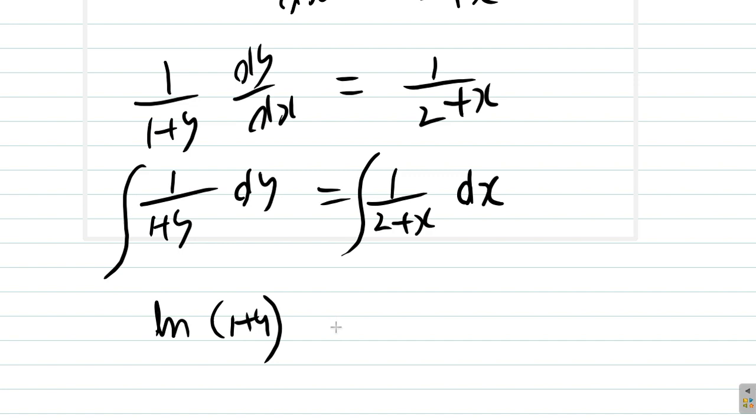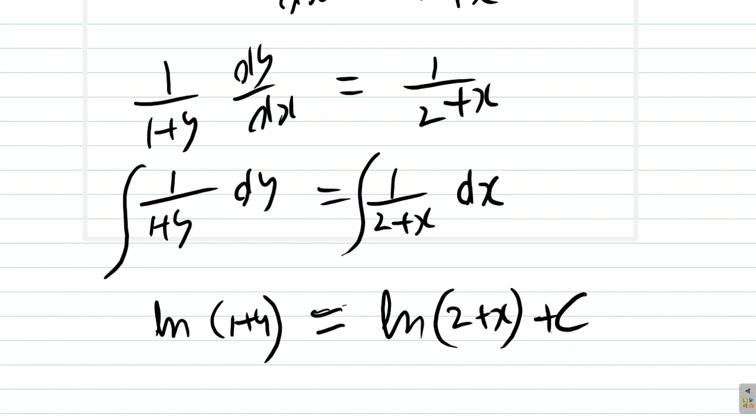If you're not sure how that came about, you could try substituting, letting u equal 1 plus y. Alright, so it's integration by substitution. That equals, and this of course will be ln 2 plus x plus c.